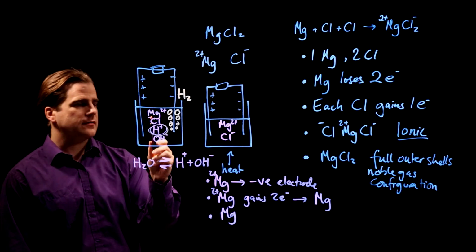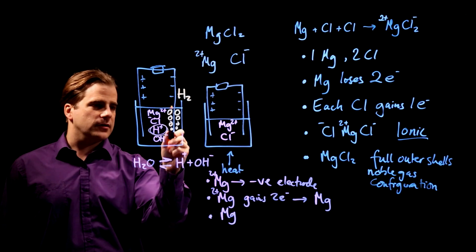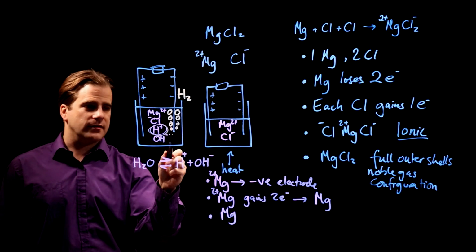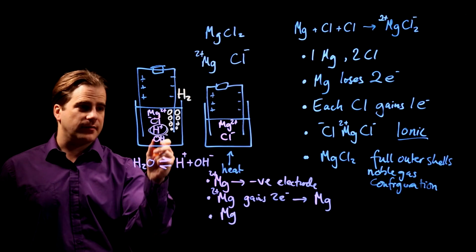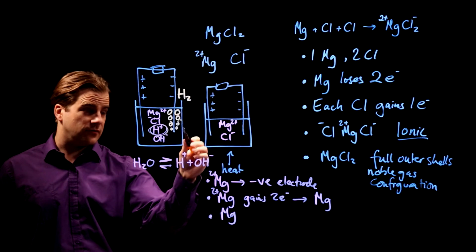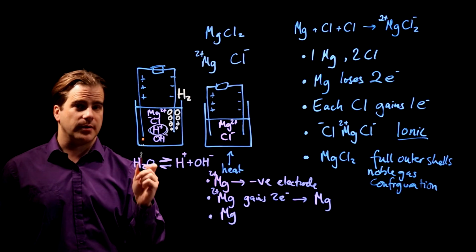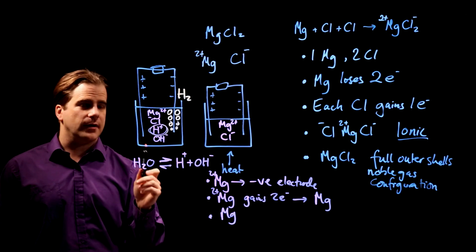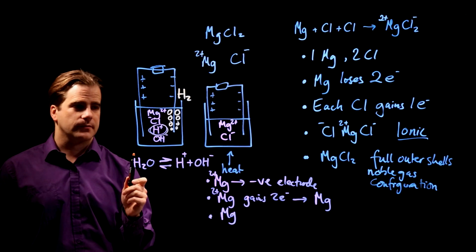What happens is that the electrons on the negative electrode jump onto the hydrogen instead of the magnesium. They have a choice. They're both positively charged, so the electrons can go there or there. And they choose the hydrogen because magnesium is more reactive than hydrogen in the reactivity series.